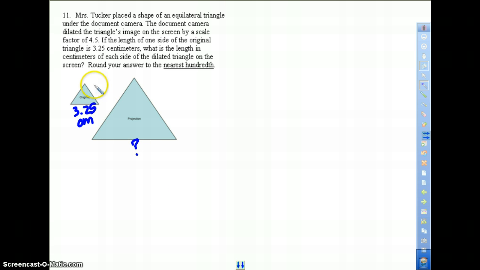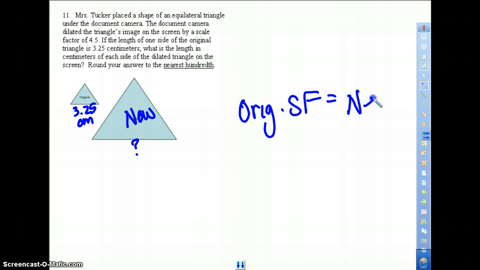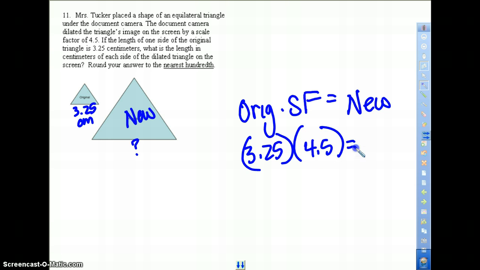Okay, well, here's your original, your projection is your new, and I know the original length multiplied by the scale factor equals my new length. So my original length is 3.25. I'm going to multiply by my scale factor of 4.5, and I will have my answer in centimeters. All right.